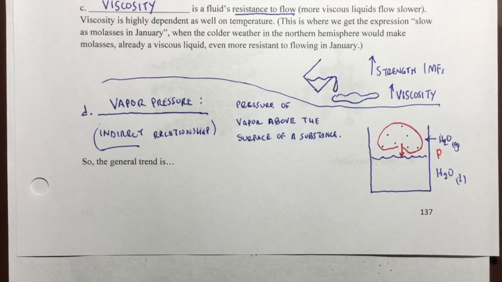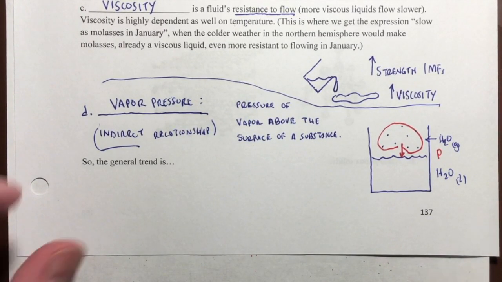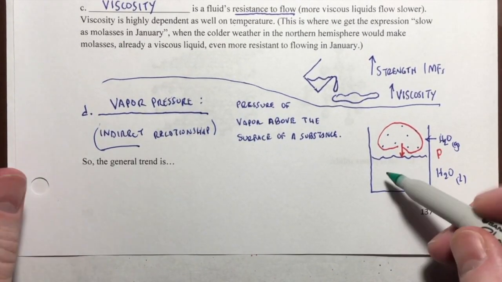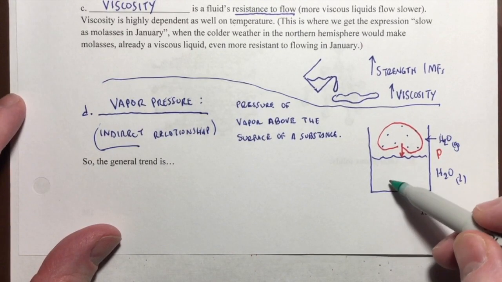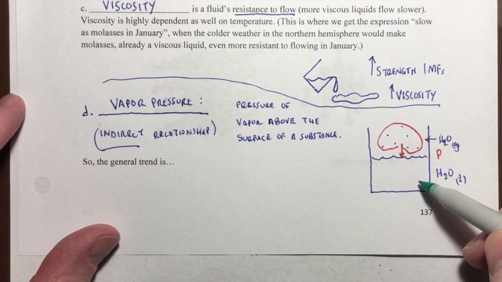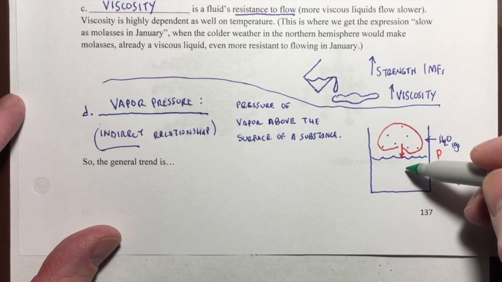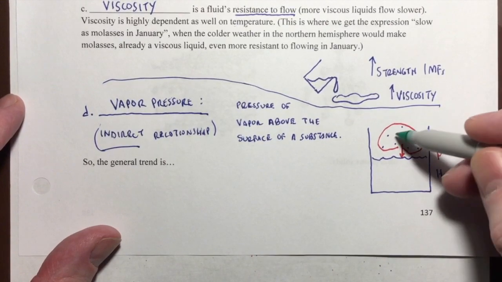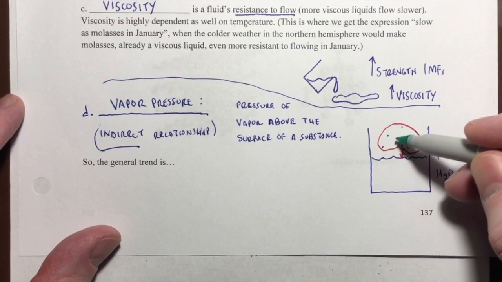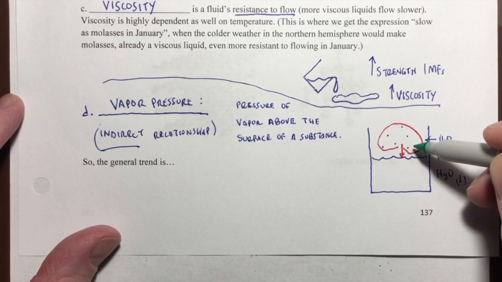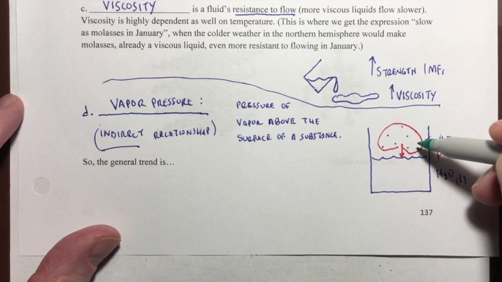So how is this related to intermolecular forces? Well, let's think about what happens when you have very strong IMFs. If I have very strong IMFs that are holding these molecules tightly together, then fewer of them are going to be in the gaseous vapor phase. And with fewer gas molecules, it's going to be a lower pressure that they exert.